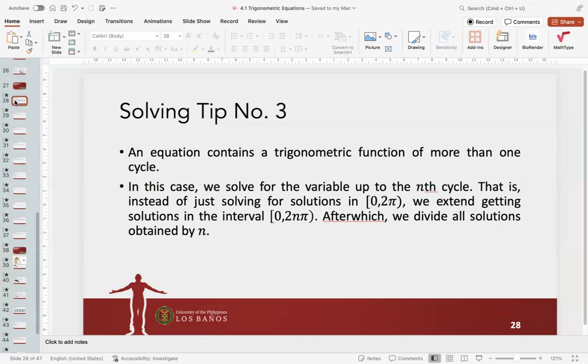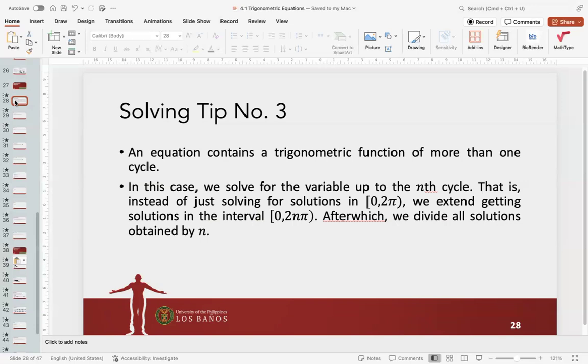Here, we use solving tip number three whenever we have equations that contain trigonometric functions of more than one cycle. So what do we mean when a trigonometric function has more than one cycle?